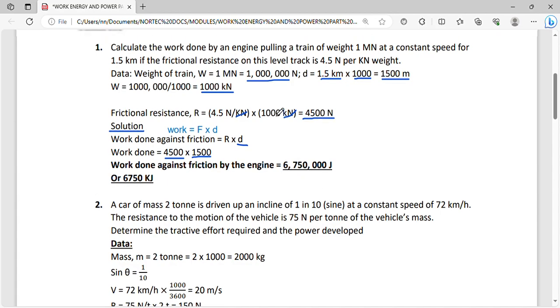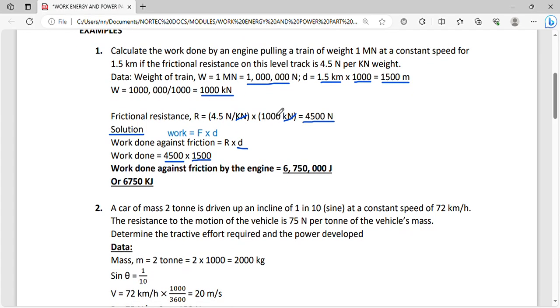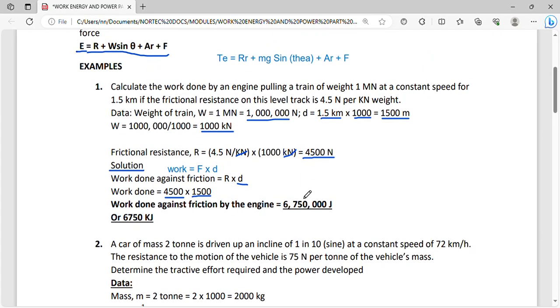So if you look at the question, they said calculate the work done. They didn't tell us the unit, so we can leave it like that. Or we convert. I don't encourage converting if you haven't been taught, because sometimes that's how people end up making mistakes after the conversion.